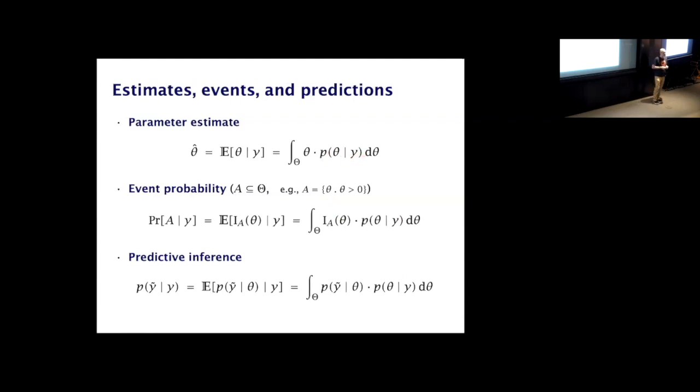The nice part about this form of parameter estimation is that it minimizes the expected square error, right? So unlike the MAP estimate, which doesn't have nice statistical properties, this one has the very nice property of being the parameter estimate that minimizes the expected error, the difference from the true parameter squared.